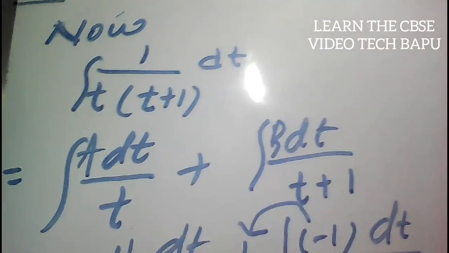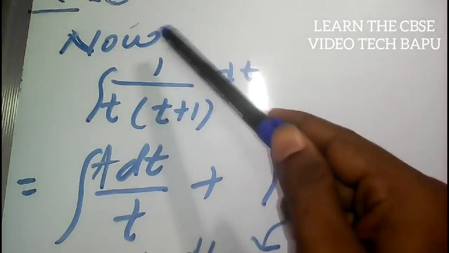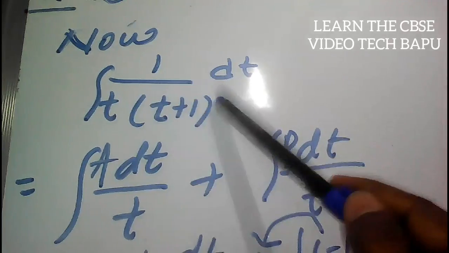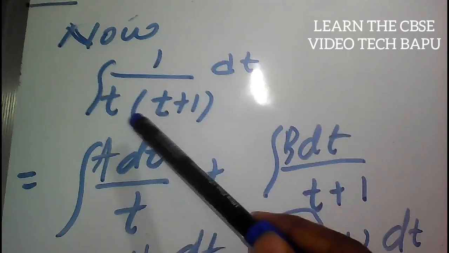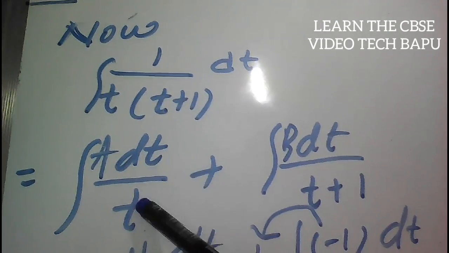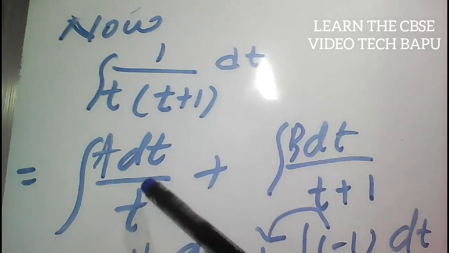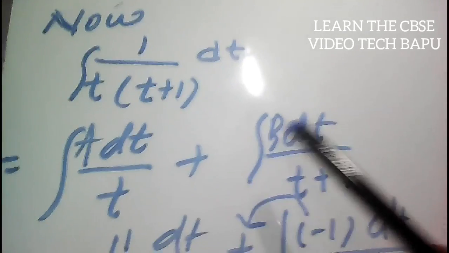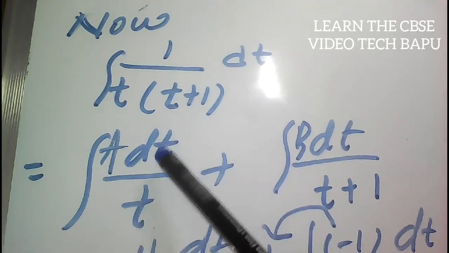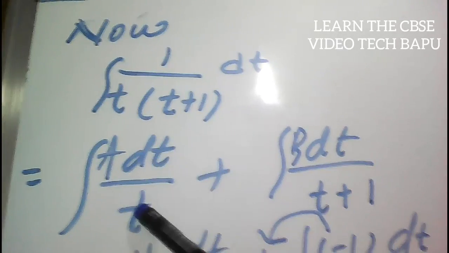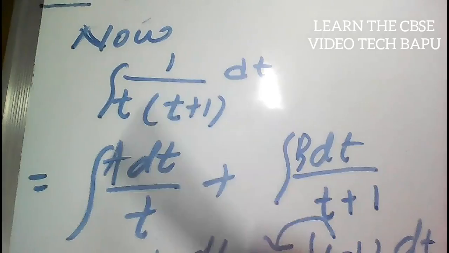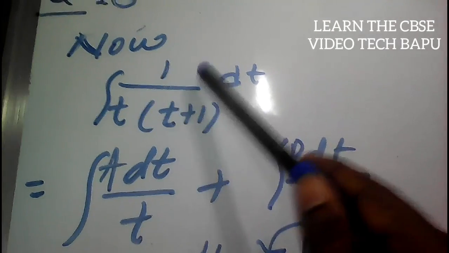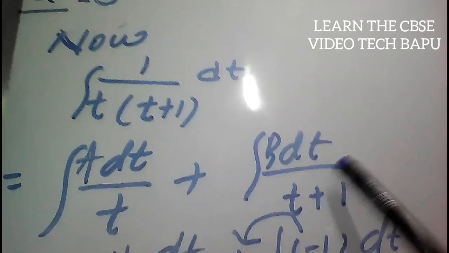Now from the first equation, the integration of 1 by t into t plus 1 dt is equal to, as we have said above, integration of a dt by t plus integration of b by t plus 1 dt.